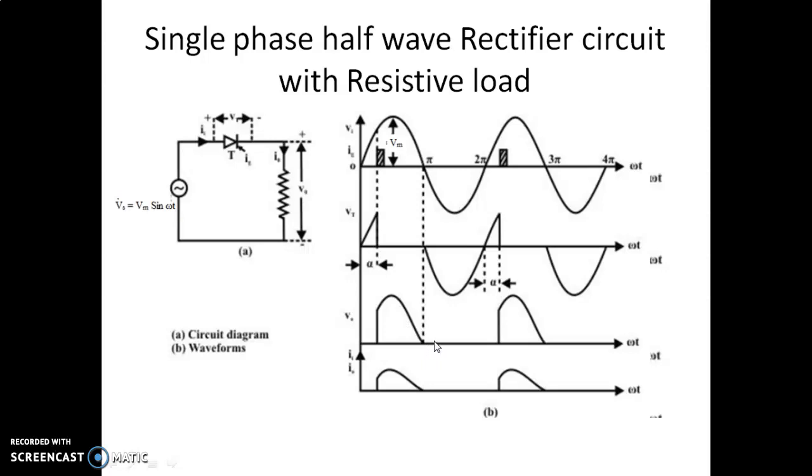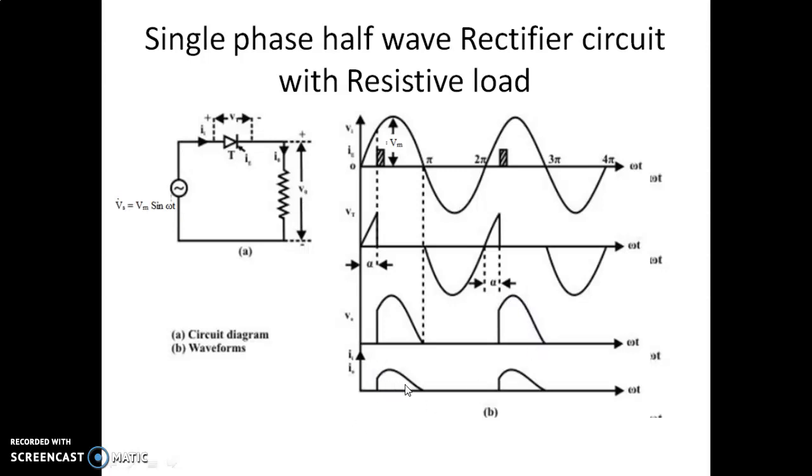In the negative half cycle, and in the positive half cycle until it is fired, the voltage across the load is 0, because the thyristor is off. At omega t equal to 2 pi plus alpha, the thyristor is triggered again, turns on, and the voltage appears across the load.